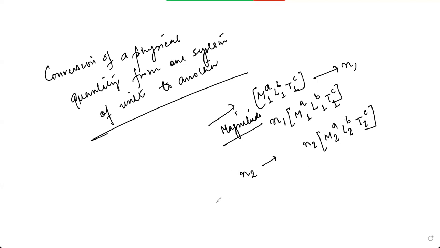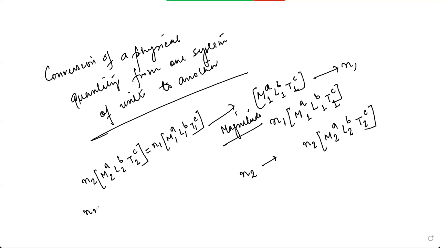Since the value of the physical quantity is the same in all systems, we can write n2 M2 to the power a, L2 to the power b, T2 to the power c equals n1 M1 to the power a, L1 to the power b, T1 to the power c.